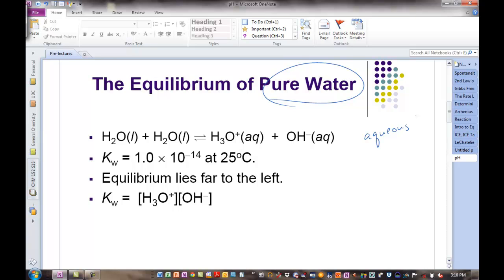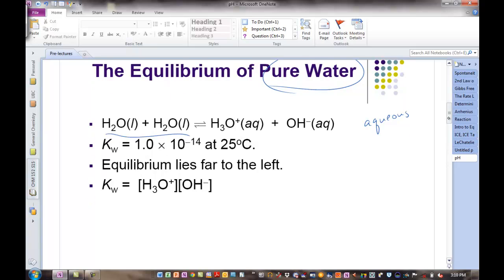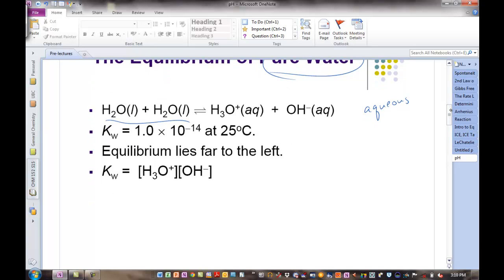Say we have pure water, so we only have water. What happens in that solution? For the most part, it stays as H2O, but some of it does react with itself. I'm going to write it down here and draw the structures.